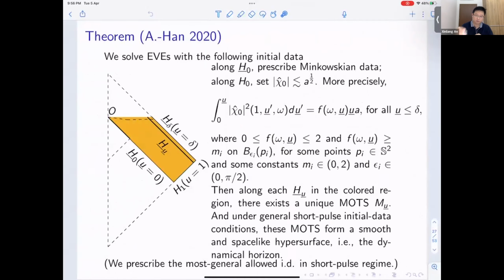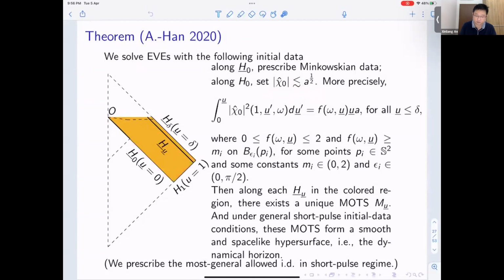So two years ago, with Qing Han, we proved the following result. We still try to solve the Einstein vacuum equation in this colored region, and we prescribe Minkowski data here. For the incoming data, we relax the condition: we can let this be less than or equal to the square root of a, which means this chi-hat could be 0 for lots of positions.